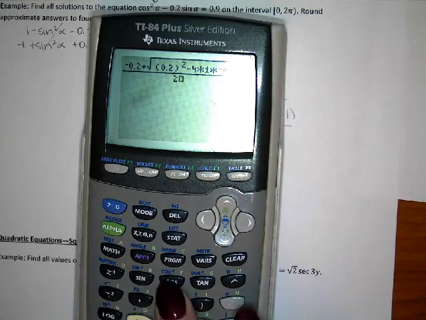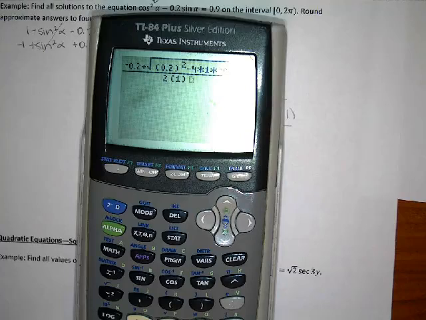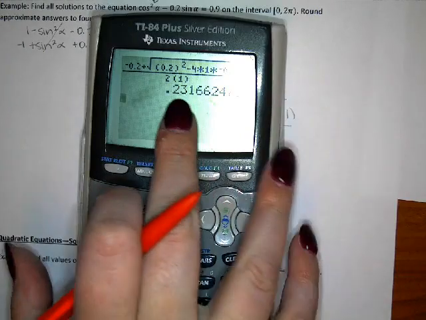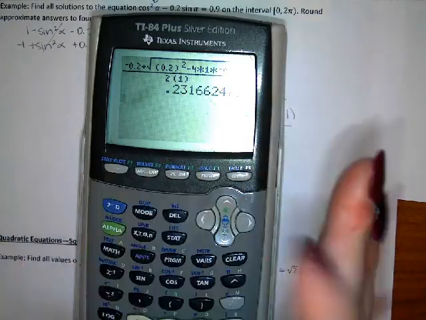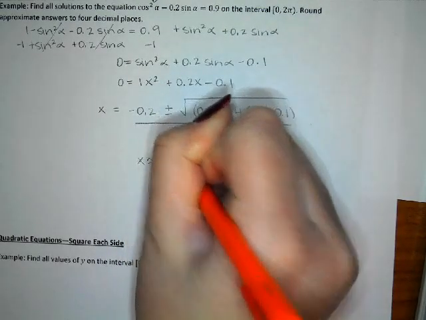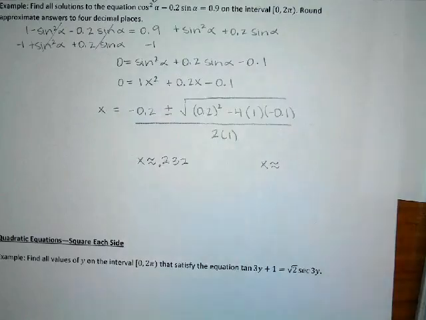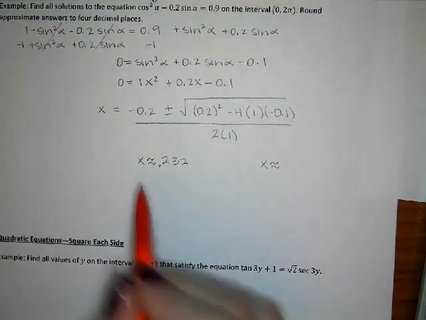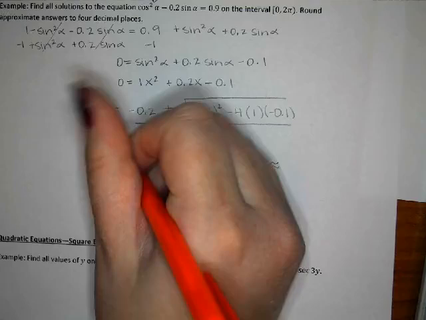Okay, so here is my first answer, 2.32 approximately. Sorry, 0.232 approximately. And so that's what x equals, but I know that's really what sine alpha equals, 0.232.